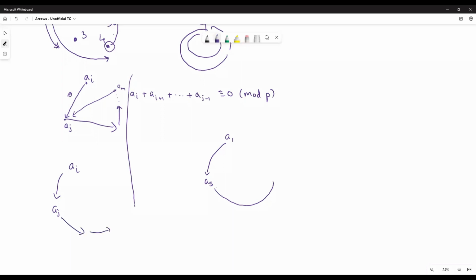Okay. Some arrows, and then we go back, we go to AM, but this doesn't go to AI, this goes to AJ. We continue, and we have some elements in between.